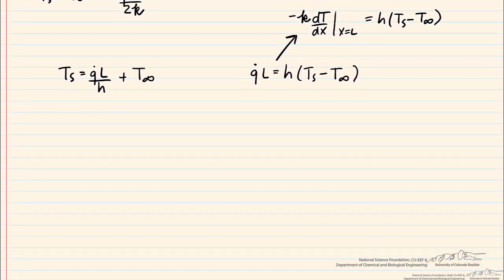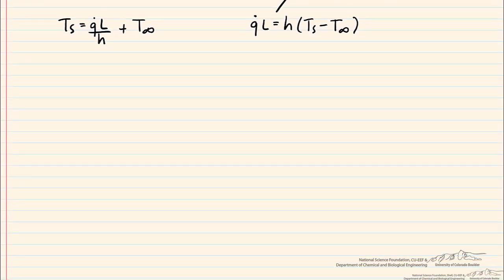Another thing we can do, and it's a lot easier, is you can do an energy balance around the plane wall. So this is that the generation rate has to equal the rate of energy out. And this is going to be per unit area. So that's q dot, remember that's a volumetric term, times L is going to equal h times Ts minus T infinity.